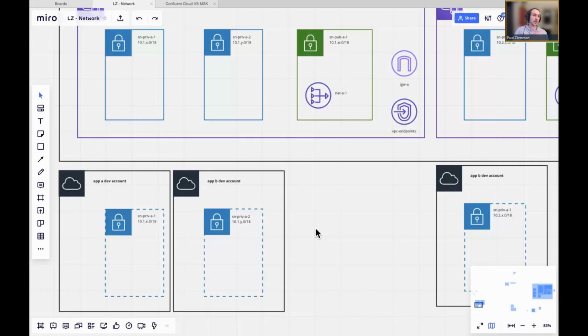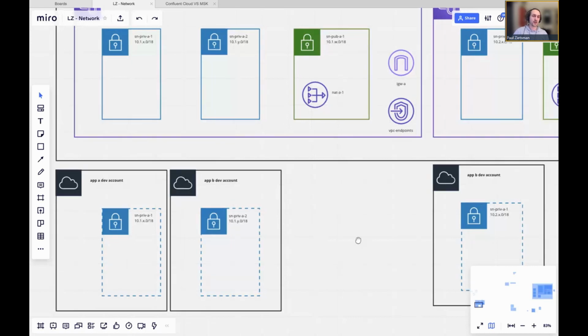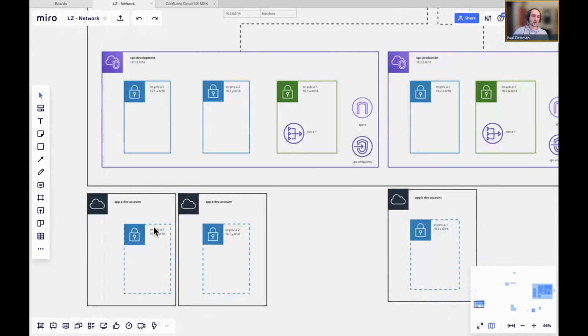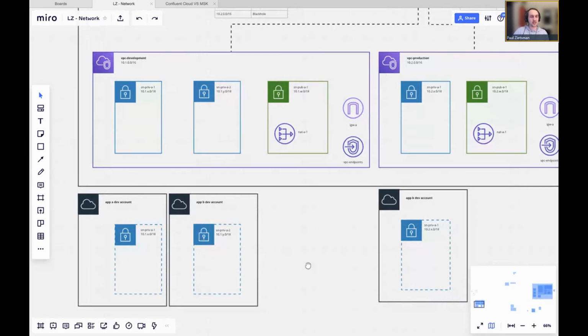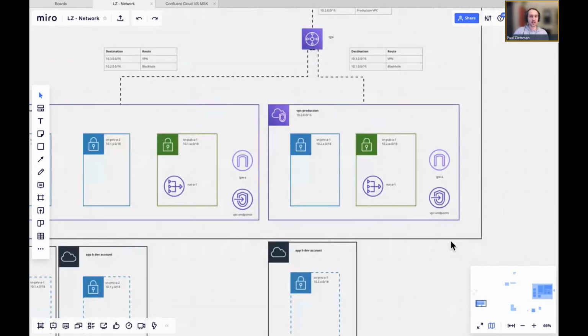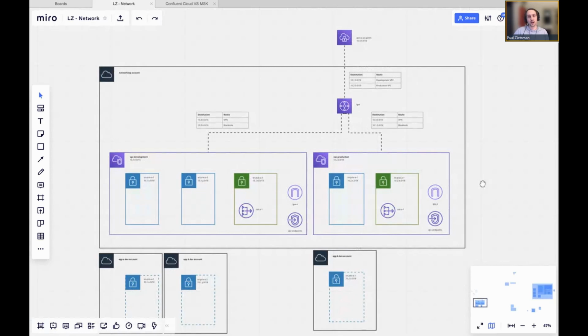You can restrict where people deploy, like into which subnet you deploy stuff, but this just makes IAM so much easier as well, because I don't actually have to worry about someone deploying something into the public subnet, and they can use the same VPC endpoints for this VPC. So all the app teams, and there could be many subnets in here. So this is like what the architecture could look like.